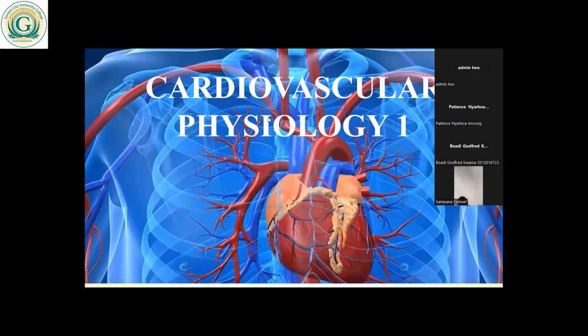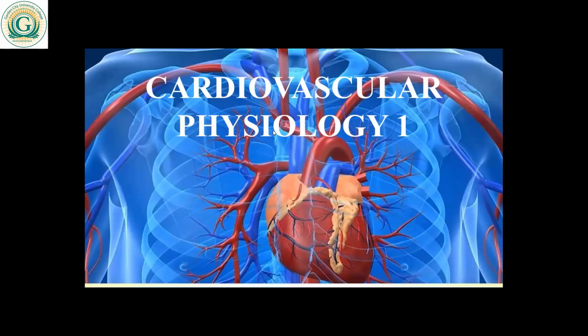We want to look at the functions of these components, and then how blood pressure is maintained, how the cardiovascular system is regulated, and how this same system is regulated under normal physiological conditions.